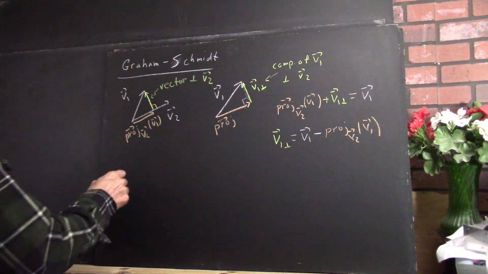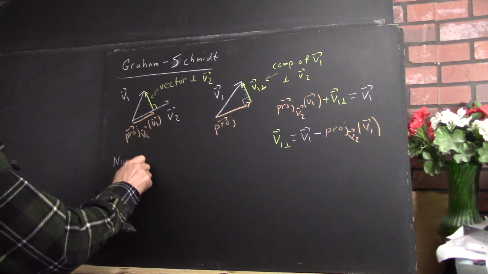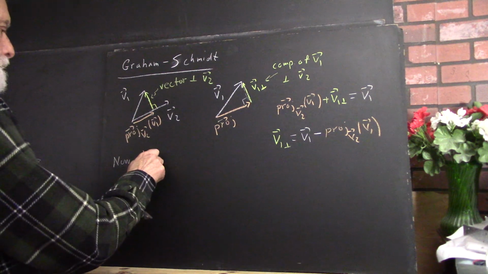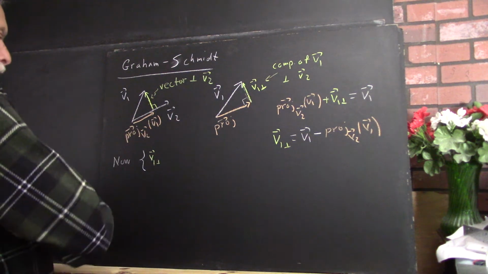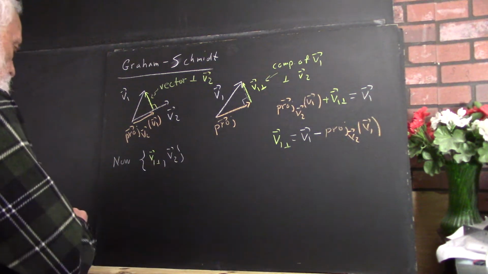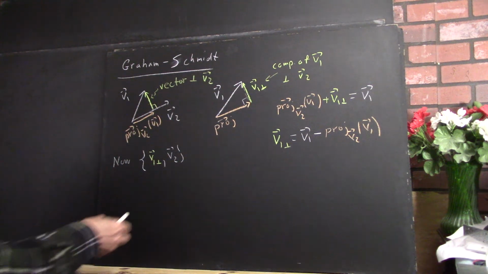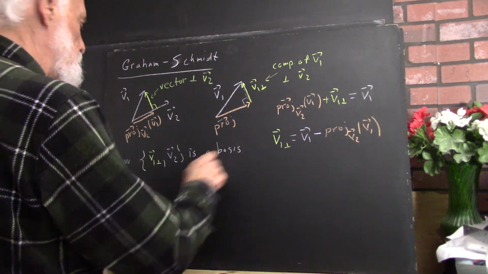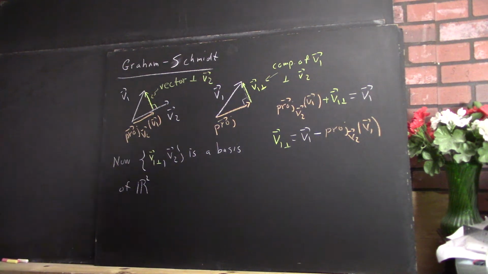So I'm going to say the set v1 perpendicular, v2 is a basis of R2.